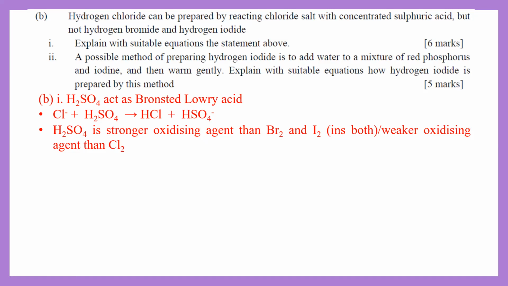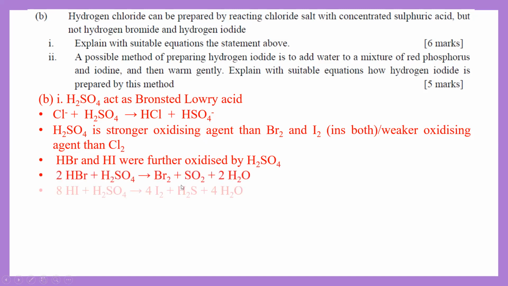However, when reacting with the bromide ion and iodide ion, H2SO4 is able to act as an oxidizing agent, where the HBr and HI are further oxidized according to the two equations that I highlighted here: 2 HBr plus H2SO4 give Br2 plus SO2 plus 2 H2O, whereas for iodine, you have 8 HI plus H2SO4 give 4I2 plus H2S plus 4H2O.